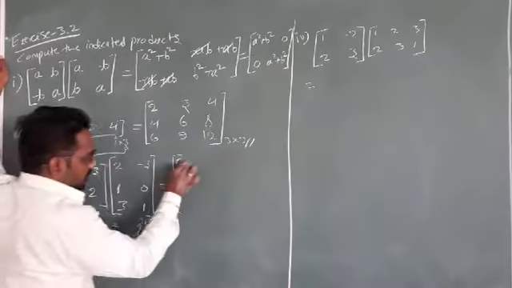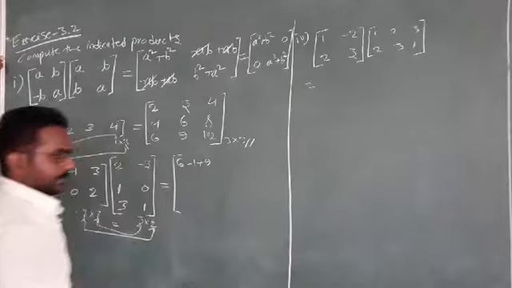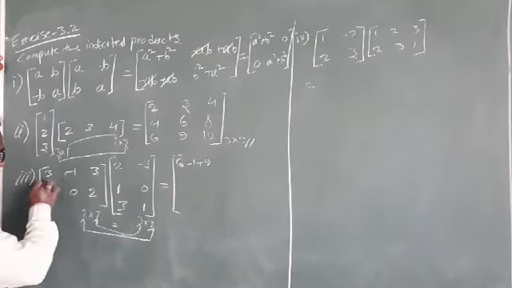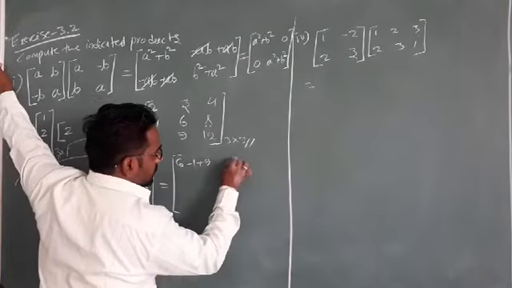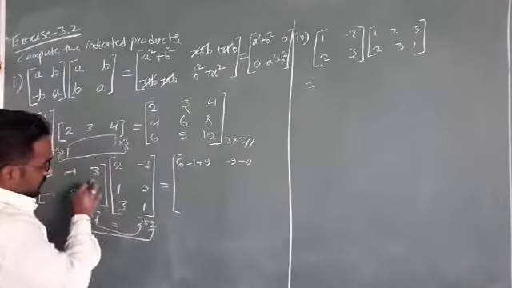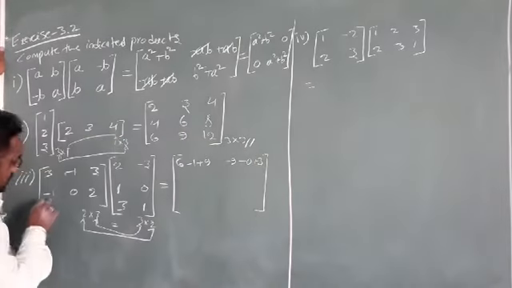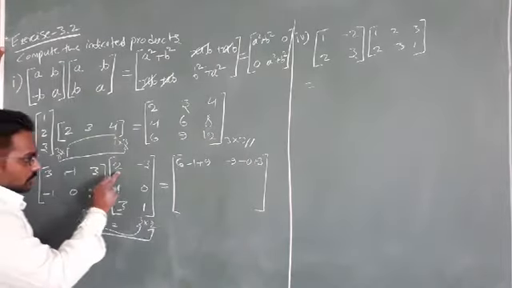Minus 1 into plus 1, minus 1. 3 into 3, plus 9. 3 into minus 3, minus 9. Minus 1 into 0, 0. 3 into 1, plus 3. Okay. Minus 1 into 2, minus 2.